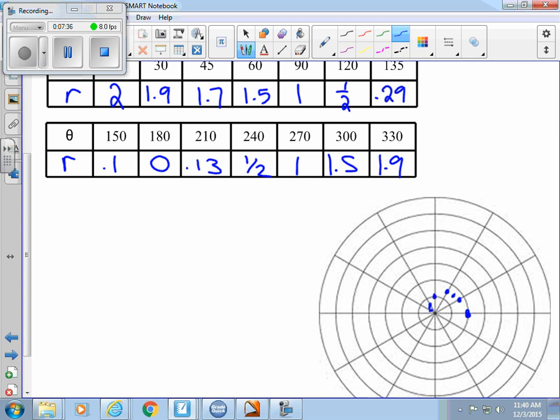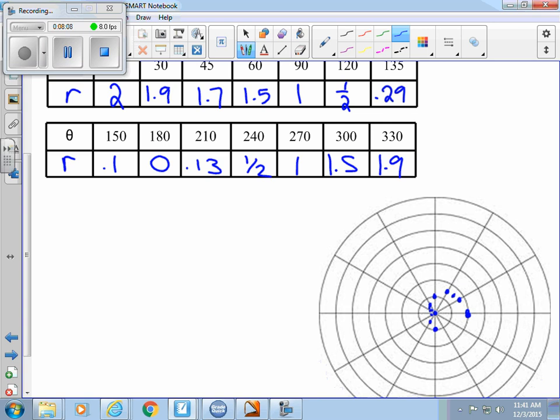Been kind of tough to graph, but keep plotting. 180 is at 0. 270 is at 1. 240 is at a half. 270 is at 1.